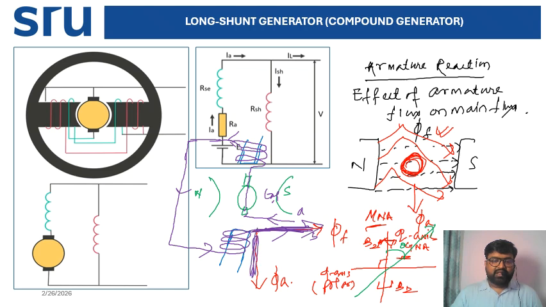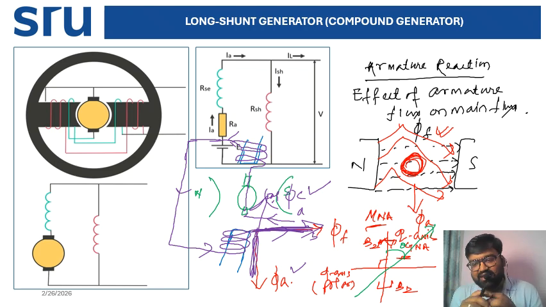It will generate another opposite flux, that is your compensation flux, by which you see this phi C and phi A are opposite to each other. That means they will cancel each other, and only the field flux is there, and the effect of field flux only we are studying to generate the power or voltage. That's why it is more advantageous as compared to the shunt generator or series generator.